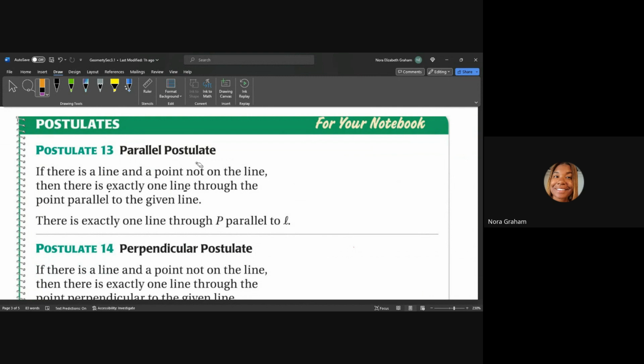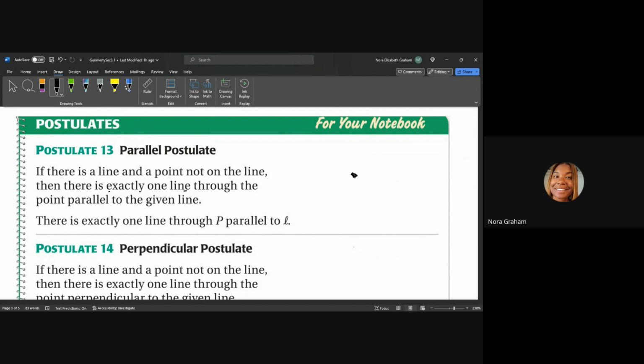For the parallel postulate, if there is a line and a point not on the line, then there is exactly one line through the point parallel to the given line. There's exactly one line through P parallel to L. Let's draw this out and see what they're talking about.